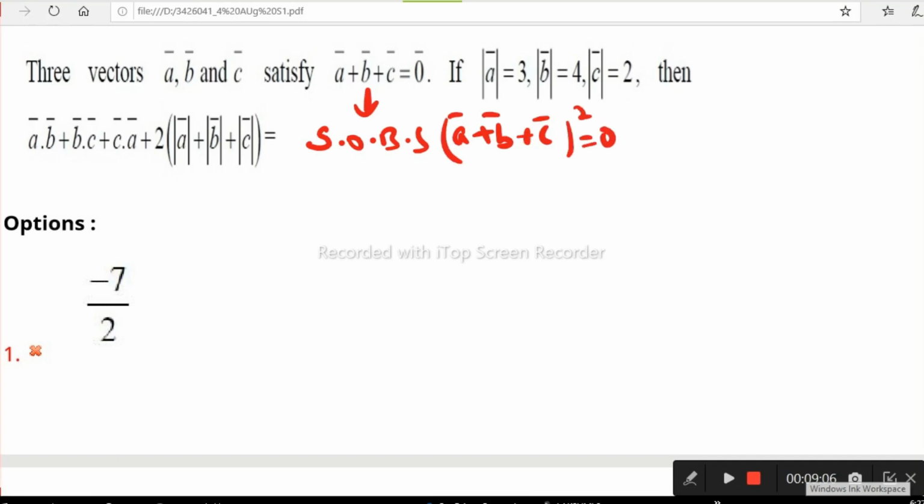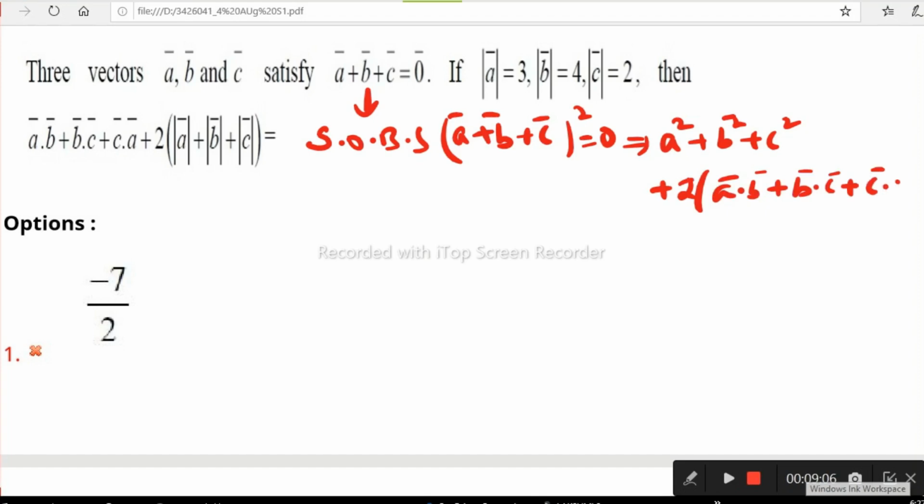Now a plus b plus c whole square means mod a whole square, simply we can write a square, plus b square plus c square, plus 2 times of a dot b plus b dot c plus c dot a. We have to use this formula in the case of the a, b, c vector summation.